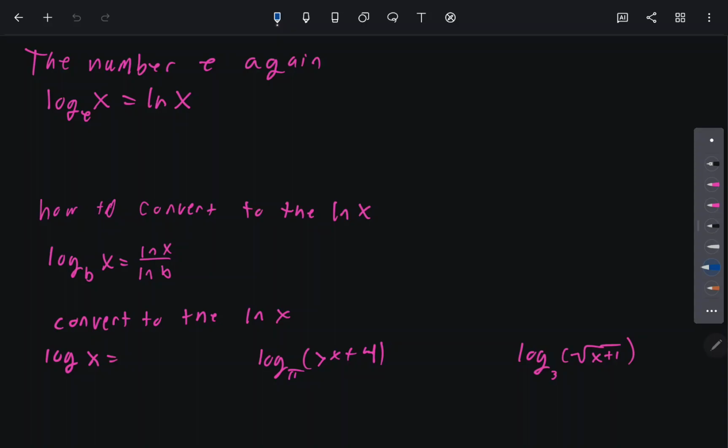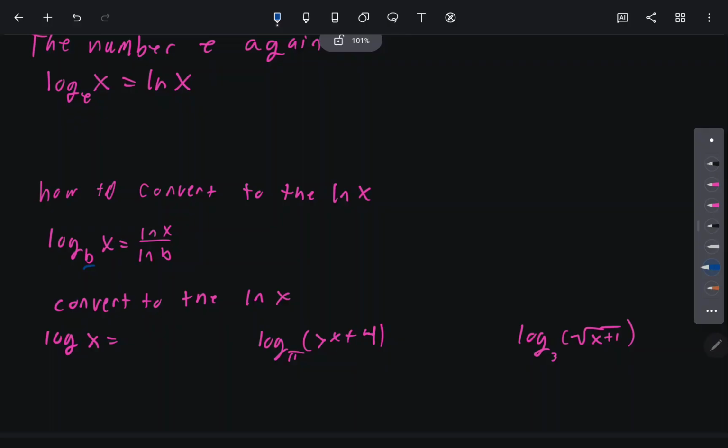How can we convert a logarithm of base b to the natural logarithm? Well, the logarithm of base b of x is the same thing as the natural log of x divided by the natural logarithm of b. So I've got some example problems for us.